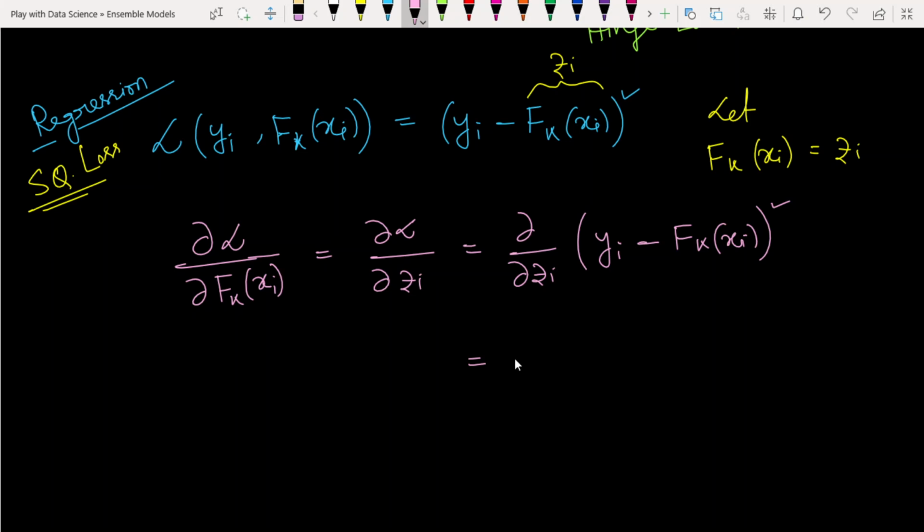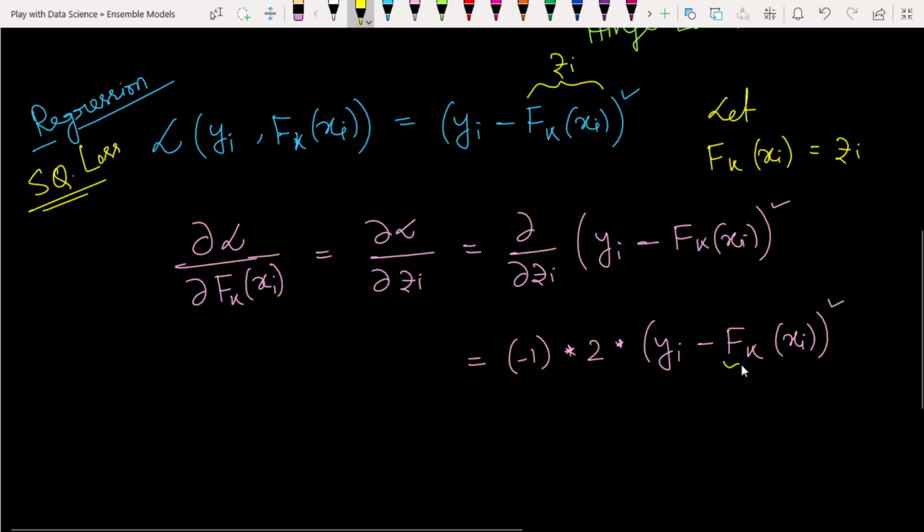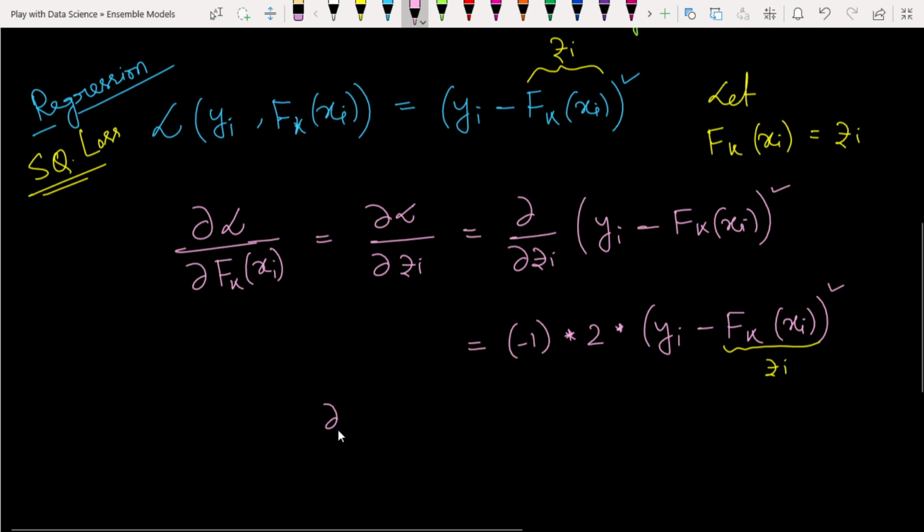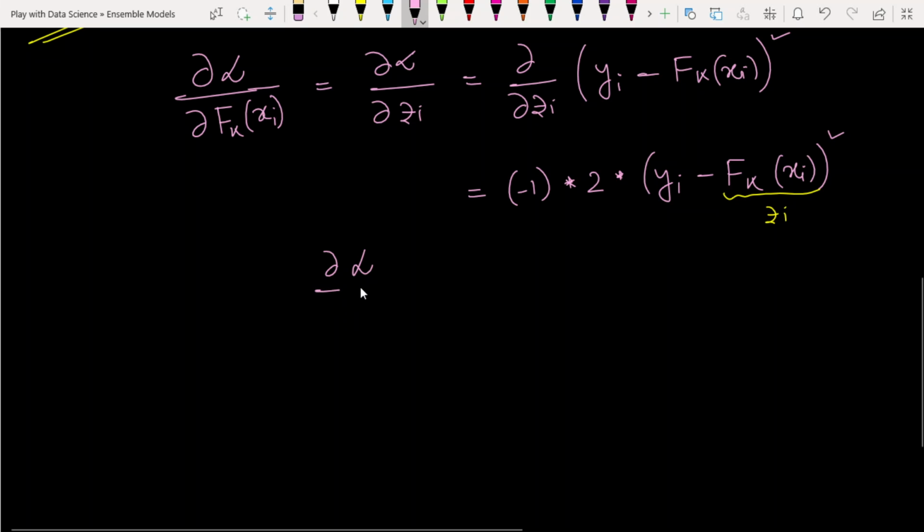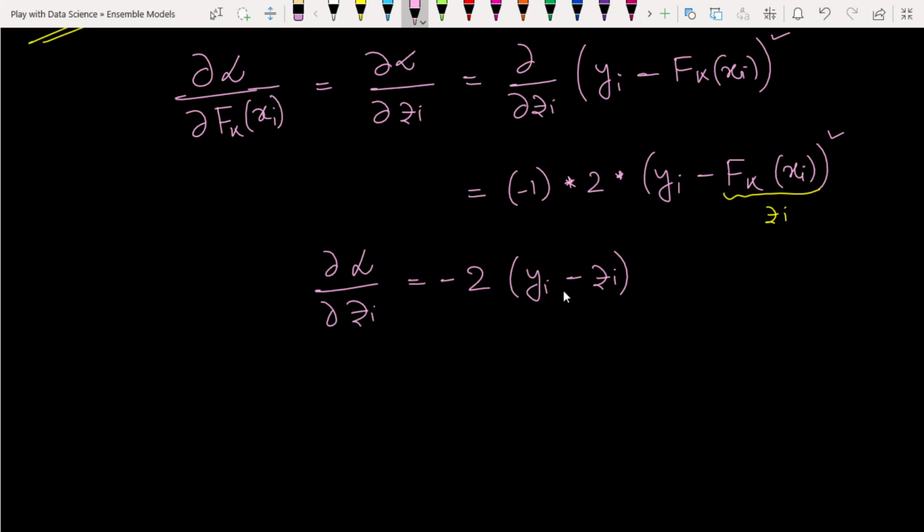If we take the derivative, we get minus 2 into (y_i minus f_k(x_i)), and this term is z_i. So del L by del z_i is equal to minus 2 of (y_i minus z_i).